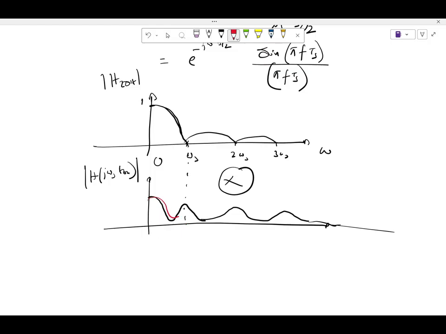It will probably be something like this. I don't know, but you get the point. And so on, right? So essentially, we come to the consistency that at omega s, 2 omega s, 3 omega s, you are going to get zeros. Make sense? Does that make sense? Yes.